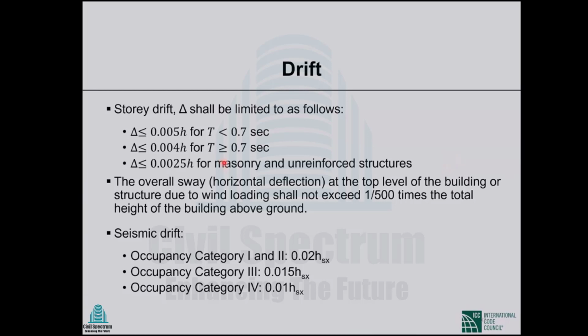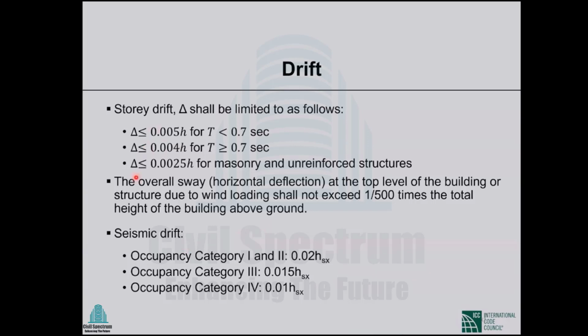Depending on the period of the structure, it mostly depends on the height of the structure. If it is a tall structure, then the period is long. If it is a short structure, then the period is usually short. So depending on the period, in other words, depending on the height of the building, these drift criteria are set.